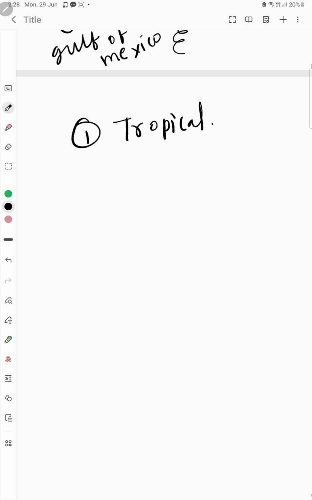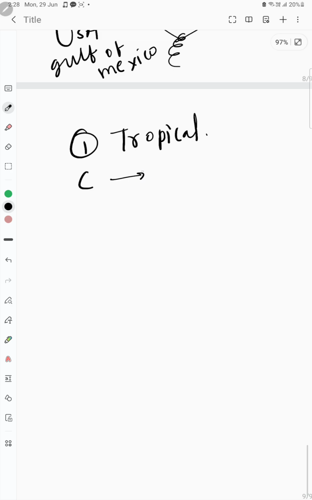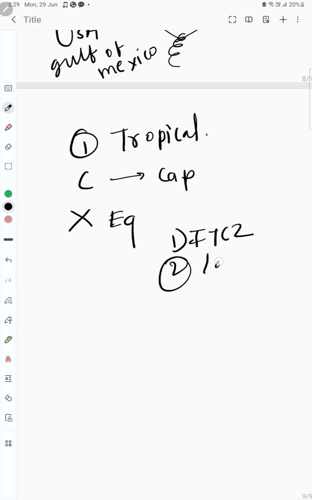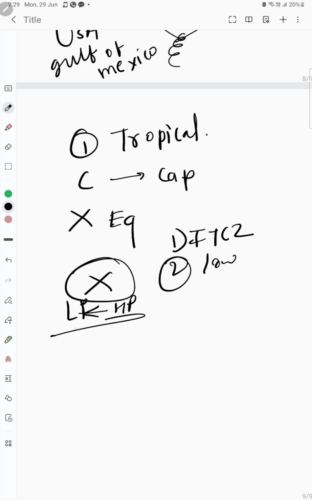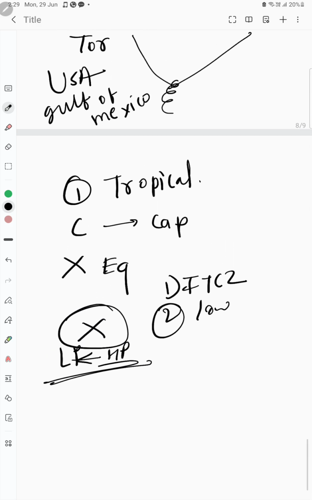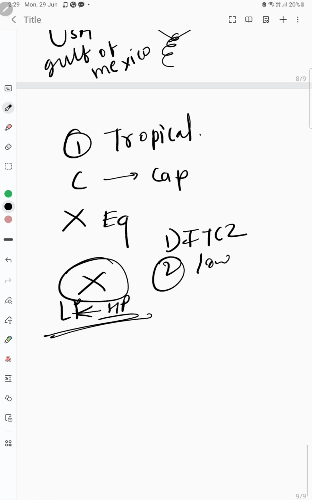A tropical cyclone is formed in the tropical area between Cancer and Capricorn, and it is not formed on the equator. The first reason is ITCZ and the second is low Coriolis force. As the air moves from high pressure to low pressure, there is no tilting, so this concentration will eventually be gone.